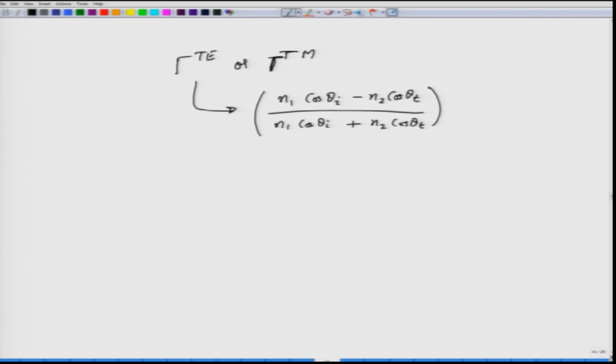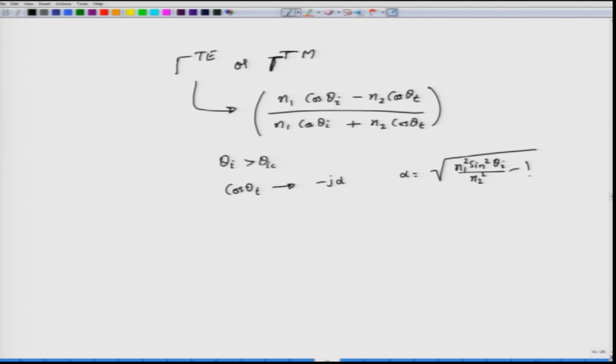We consider the situation where the angle of incidence is greater than the critical angle. So, obviously, in that case cos theta t would have become complex. Cos theta t is actually what we wrote as minus j alpha, where alpha is equal to the square root of N1 square sin square theta I divided by N2 square, minus 1 of course.